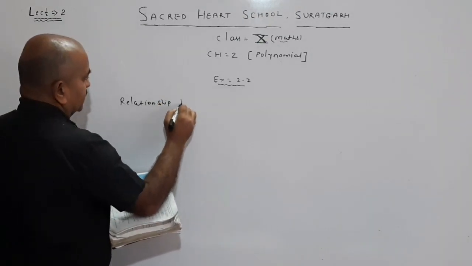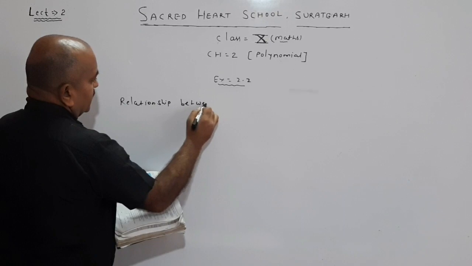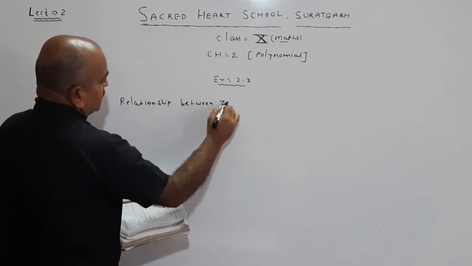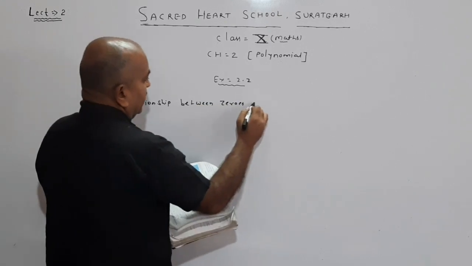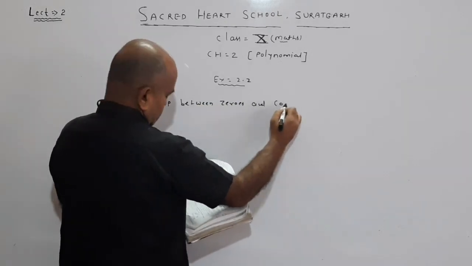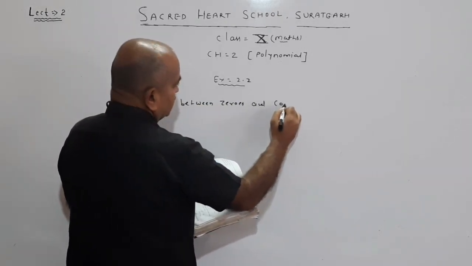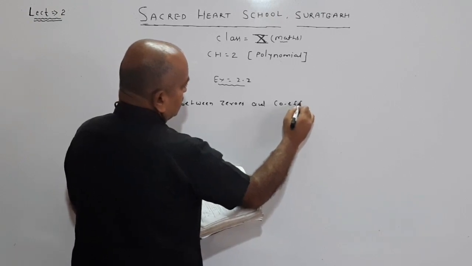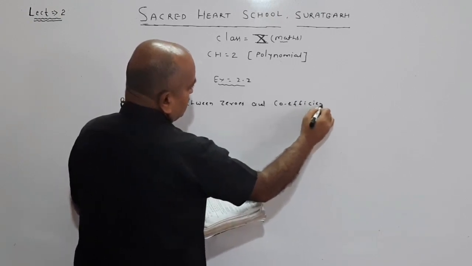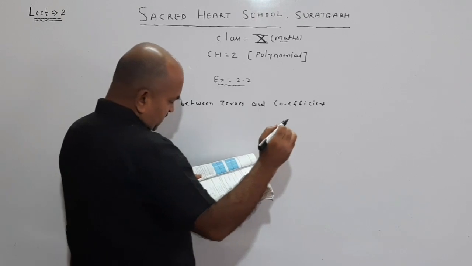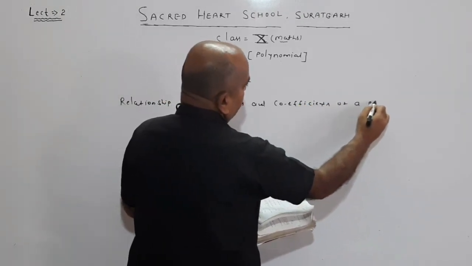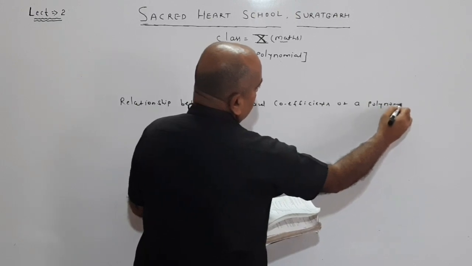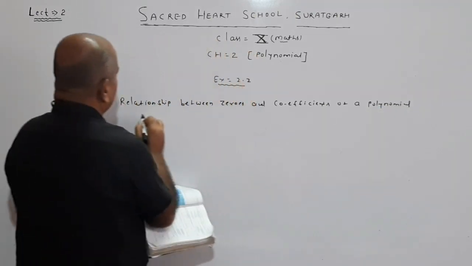between zeros and coefficient of a polynomial.